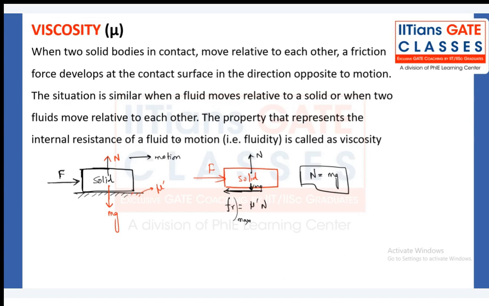This situation is very similar when a fluid moves relative to a solid, or when two fluids move relative to each other. The property that represents the internal resistance of a fluid to motion is called viscosity.